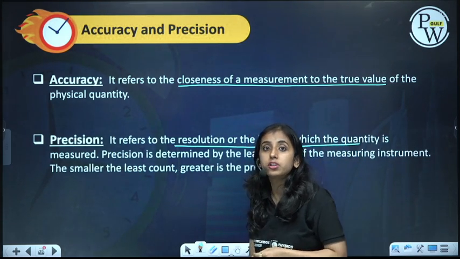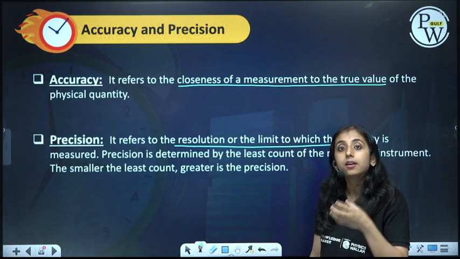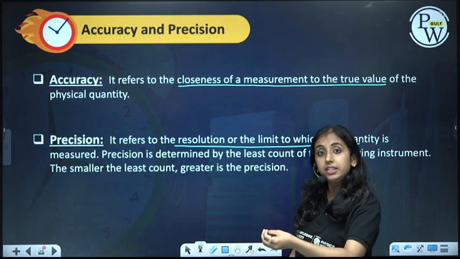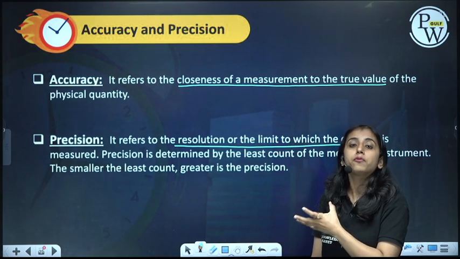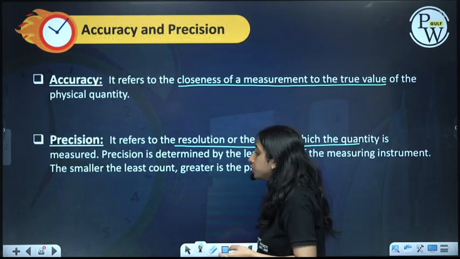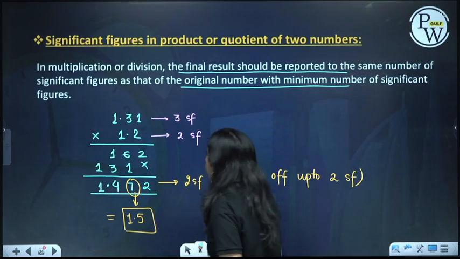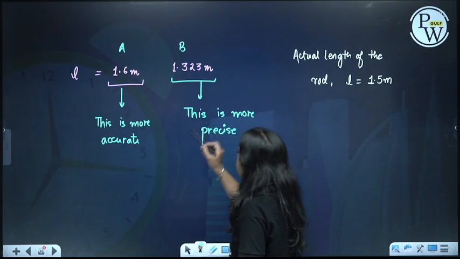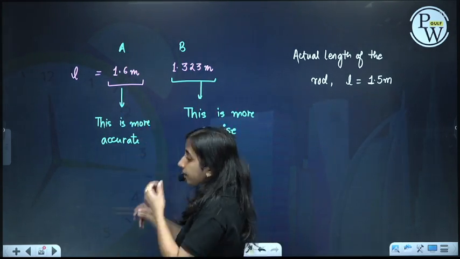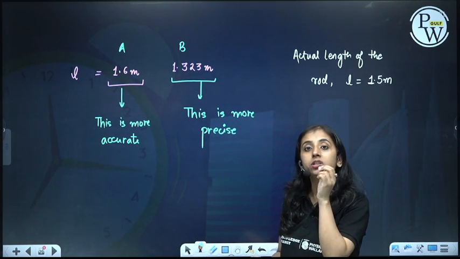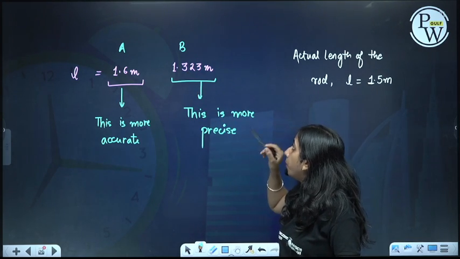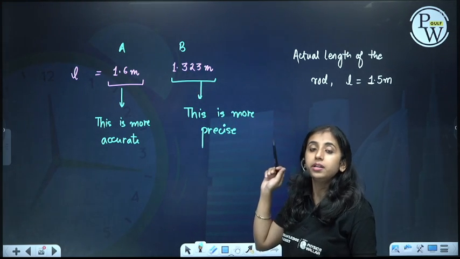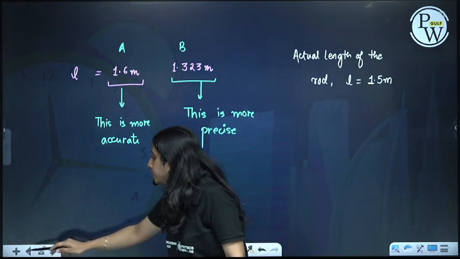If I can measure it to 1.1 meters or 1.12 meters, 1.123 meters, the limit of resolution tells us precision. In one case, we can measure only up to 1.1 meters, but in the other we can measure up to 0.001 meters. So this is more precise.